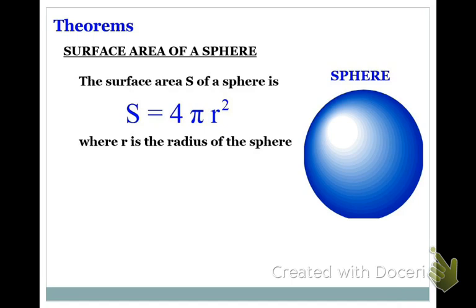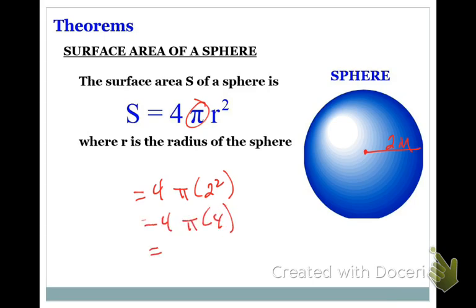Quick conversation about paying attention to directions on standardized tests and things like that. If you're looking for exact or approximate surface area, it all depends on what you want to do with that pi, right? So, for example, if the sphere has a radius of, say, 2 inches, then this becomes very easy. We just go 4 pi times 2 squared. And so we go 4 pi times 4, which will give us 16 pi inches squared.